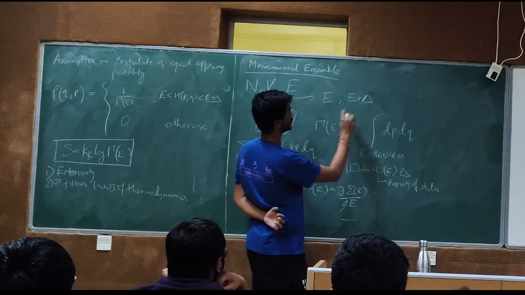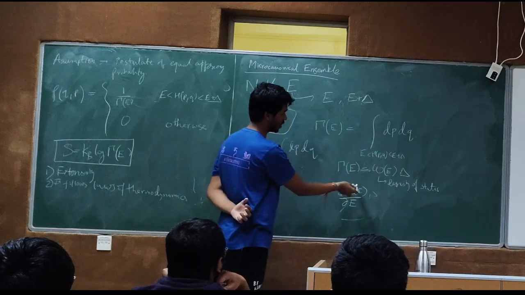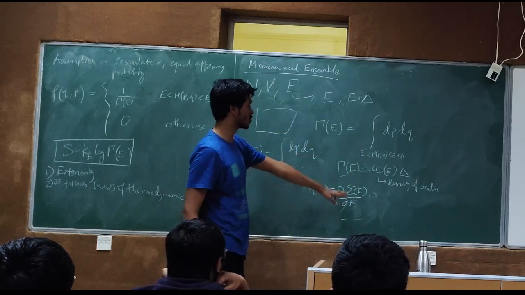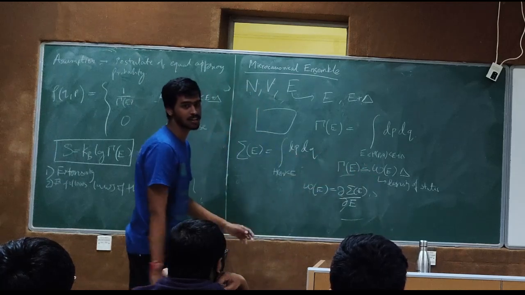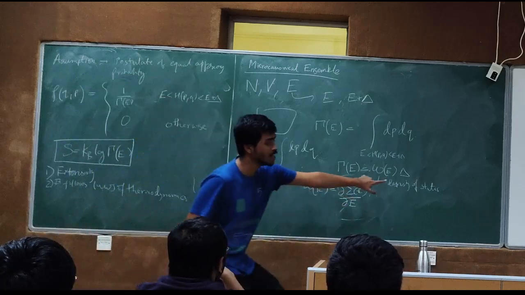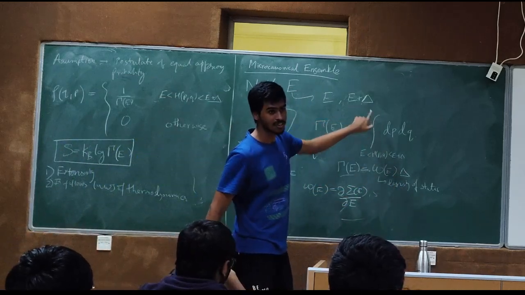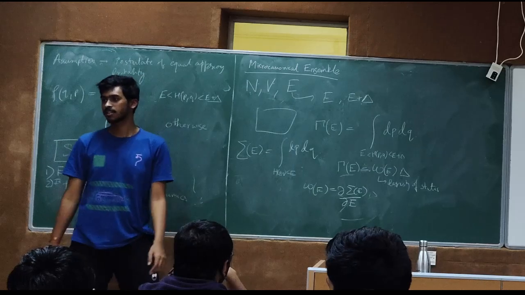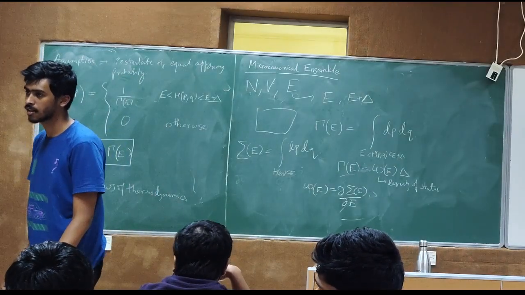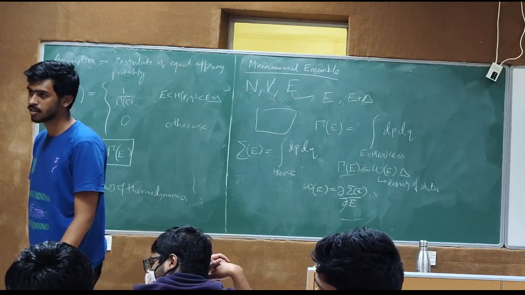You divide this by this, and you call it this, omega into delta. This delta.